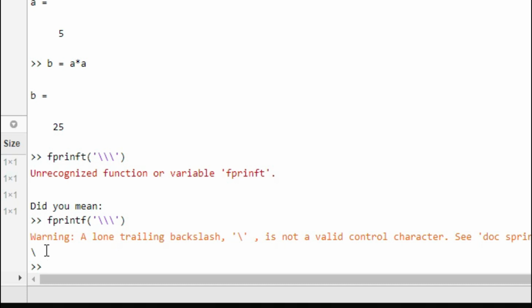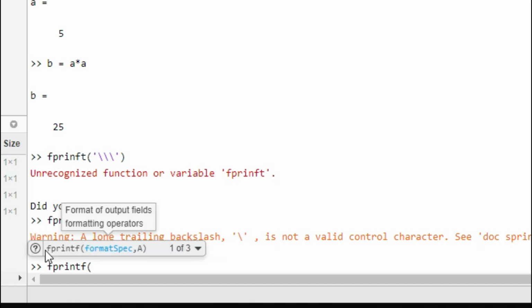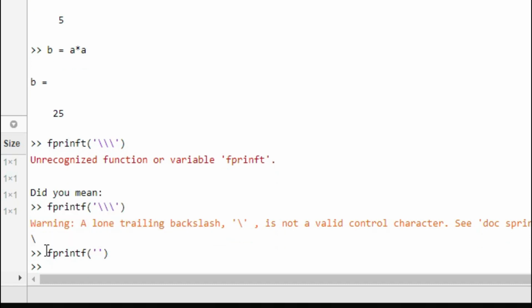When we use a triple backslash or more than one backslash, then it prints only one backslash. So let's try printf with 2 single quotes. So this prints nothing, meaning we have given nothing in this.